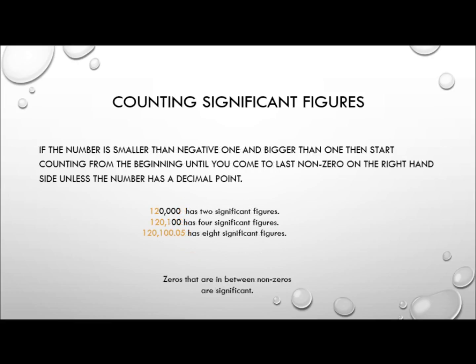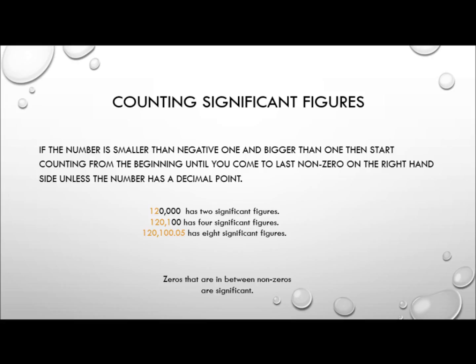If the number is bigger than 1 or smaller than -1, then start counting from the beginning until you come to the last non-zero on the right-hand side, unless the number has a decimal point.